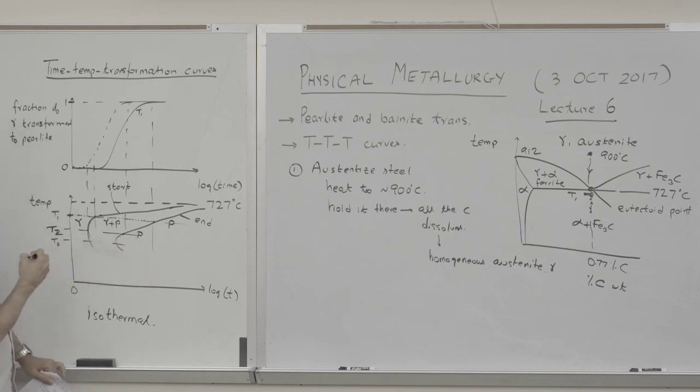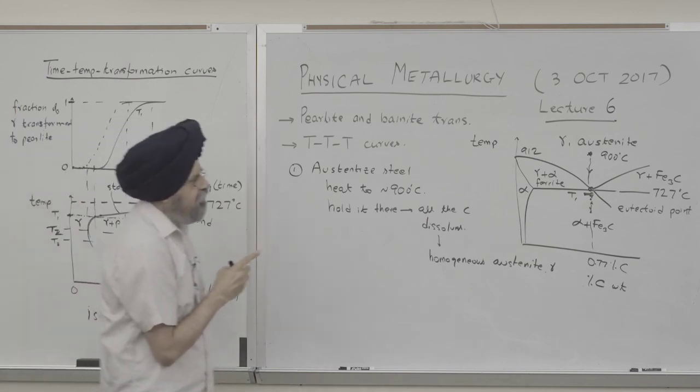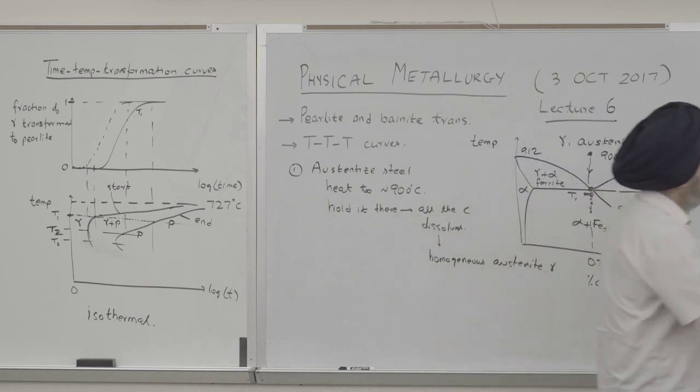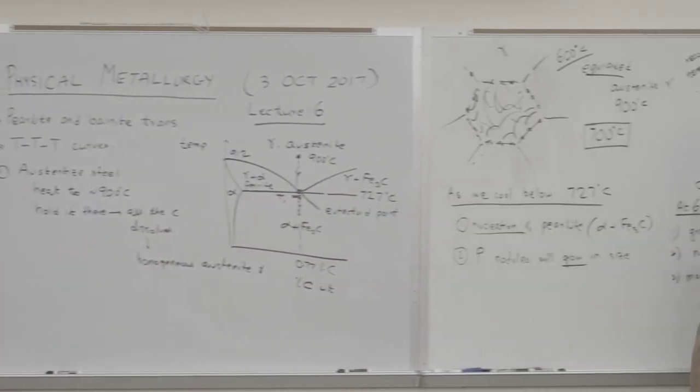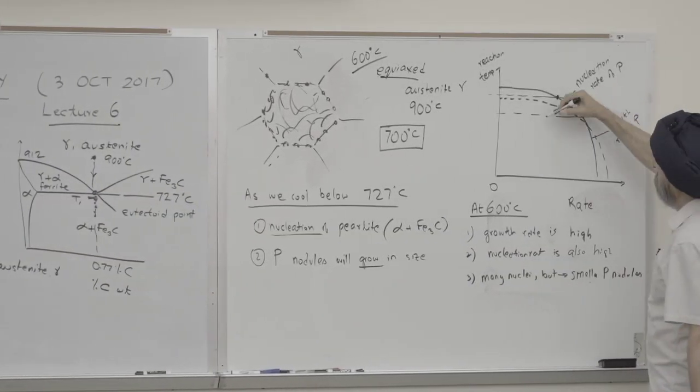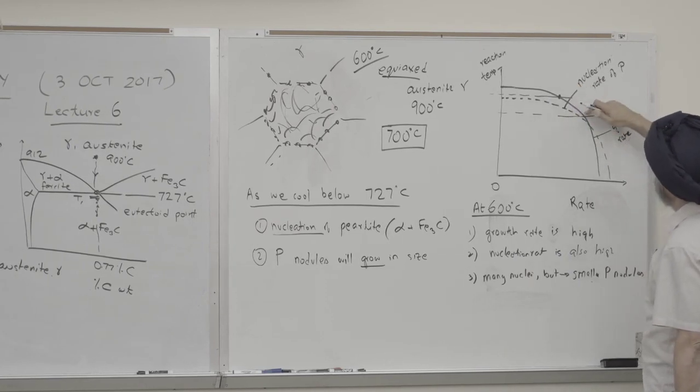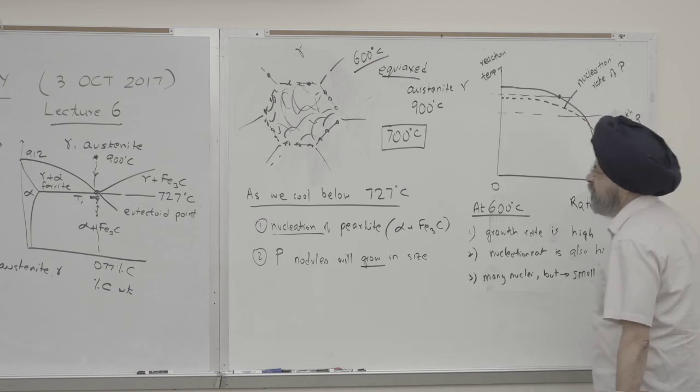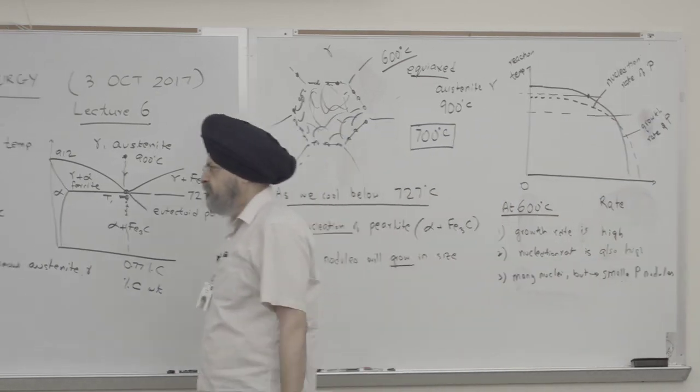The reason is the curves that I drew earlier, the nucleation and growth. Notice as you lower the temperature, the nucleation and growth rates increase. So things happen quicker at lower temperature.